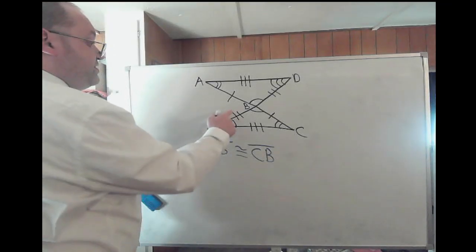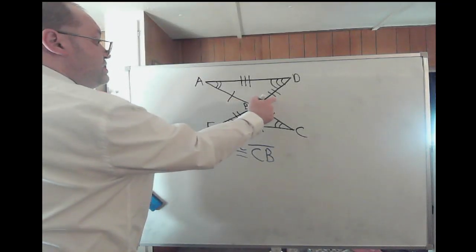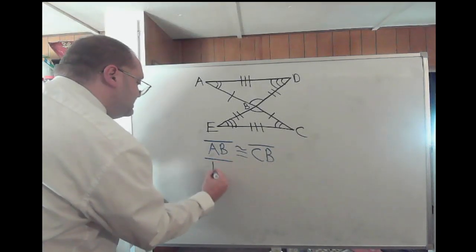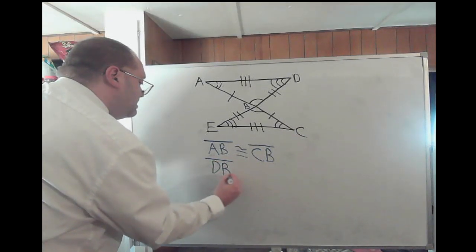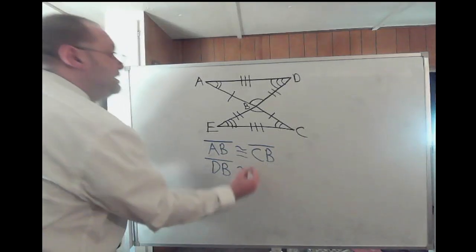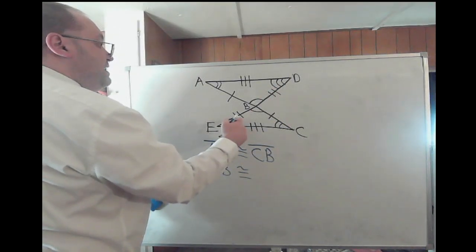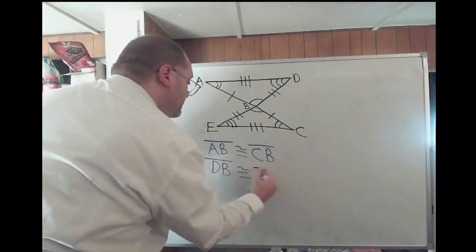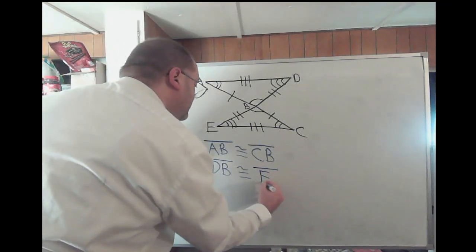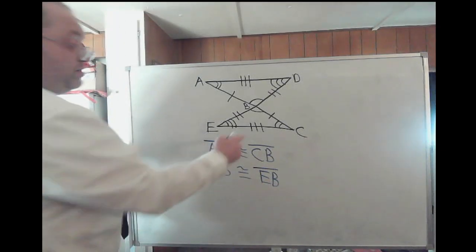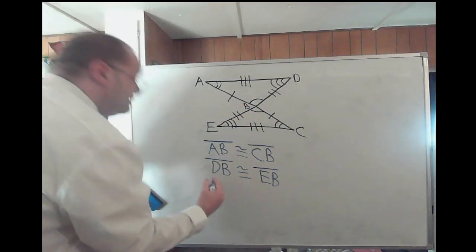What else? Let's start with our two tick marks. Looks like we got side DB. So side DB is congruent to side EB. Then last but not least, let's start with our three tick marks.